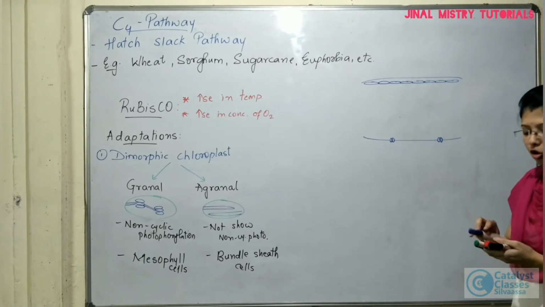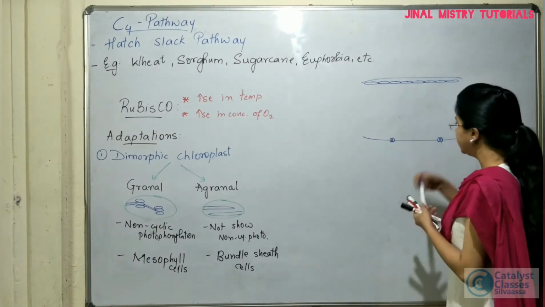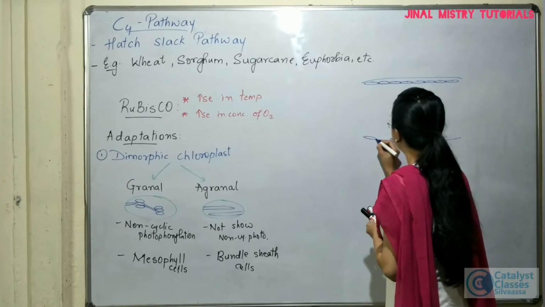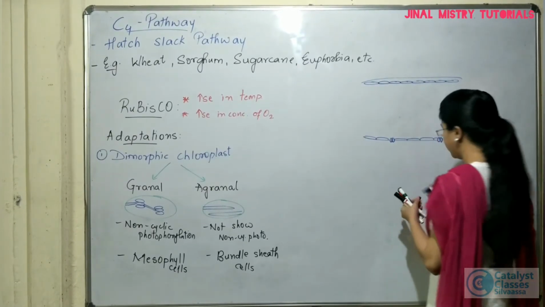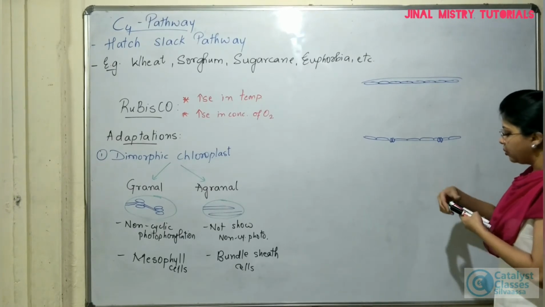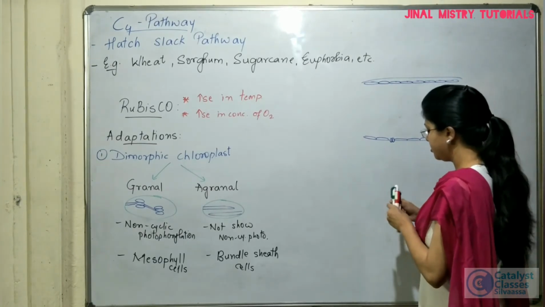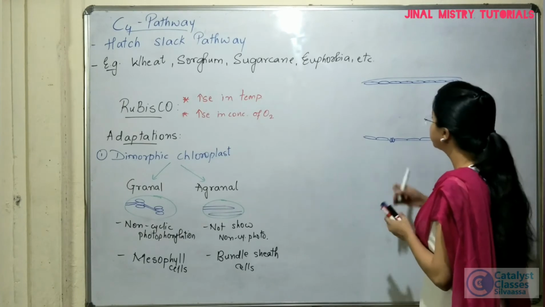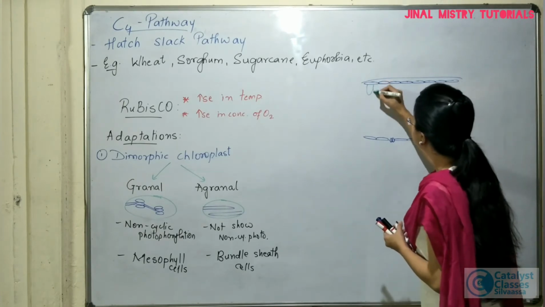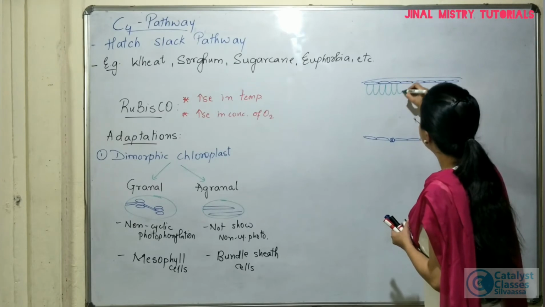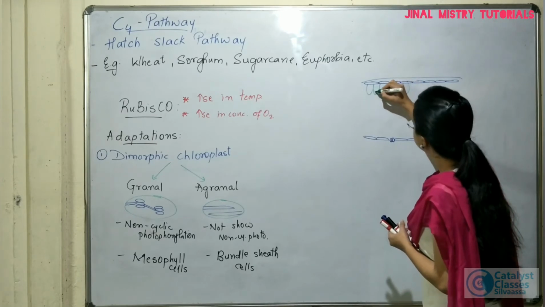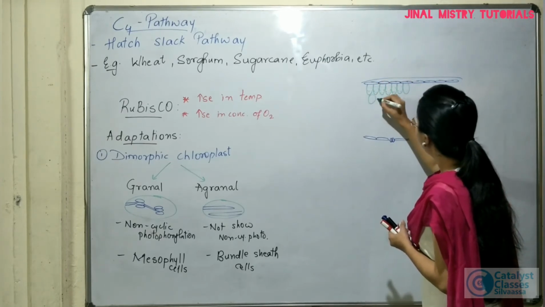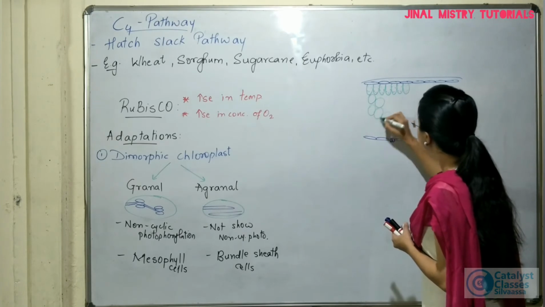We have studied anatomy in 11th standard, right? So below, these are the epidermal cells. Now, below this, there are the mesophyll cells. And you know that mesophyll cells are of two types: the palisade mesophyll cells and the spongy mesophyll cells.